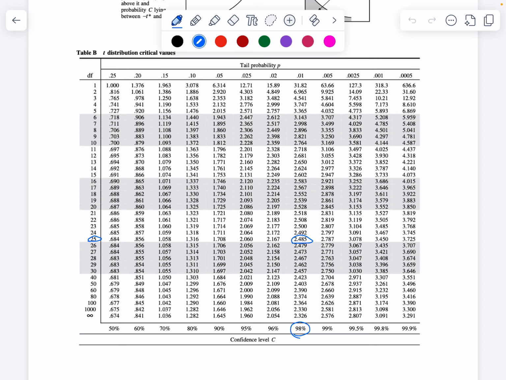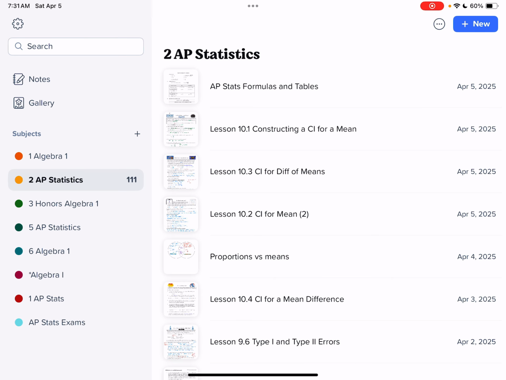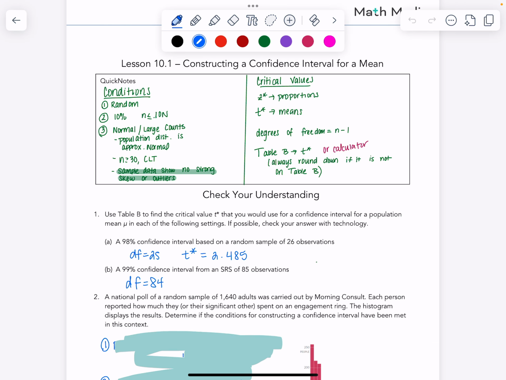The nice thing about the table is that they have the most common confidence levels listed here, and any value on this table you can use, even if your sample size is 2,000. If your sample size is 2,000, then you would use the 1,000 for the degrees of freedom. You're rounding down.